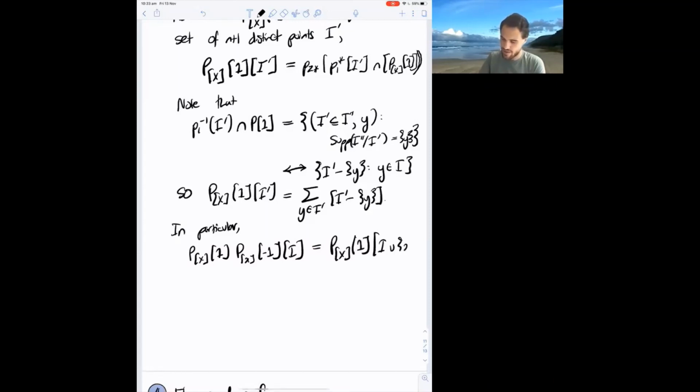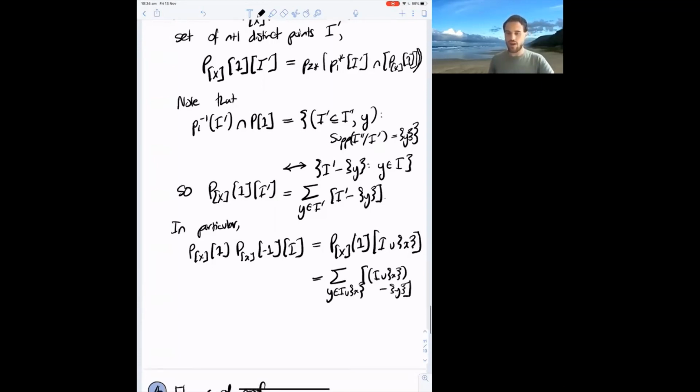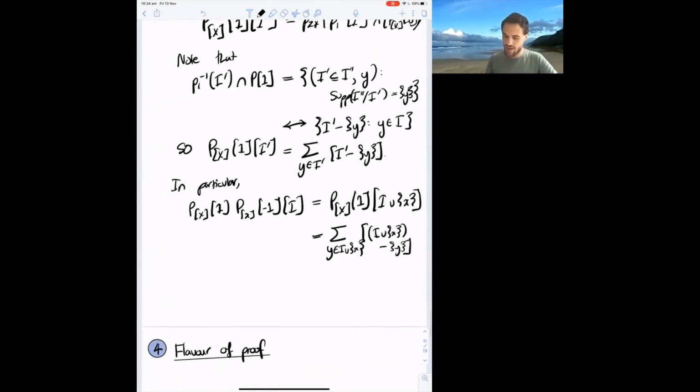We found that this was the union of I with some point x, and then we're allowed to subtract any point from this. So this is the sum over all y inside of I union x of I union the point x, and then subtract y. And of course, one of the summands here will be just the I that we started with.